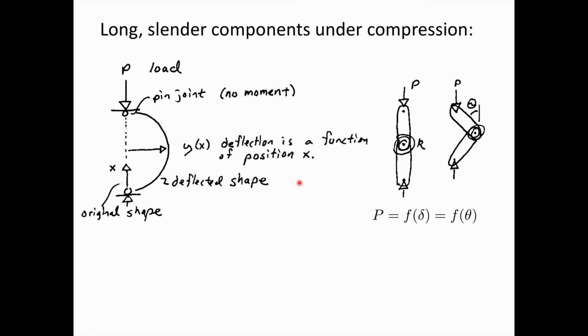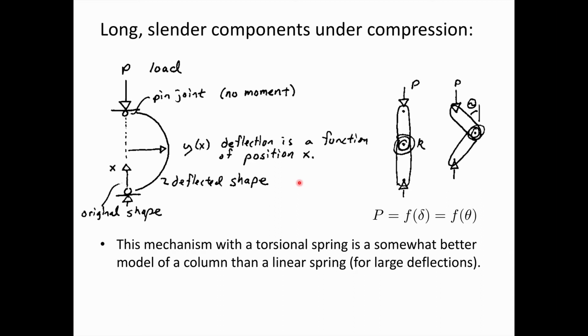And the deflection could be characterized as either this vertical deflection delta, or with this specific model, it could be characterized as this angular deflection theta. So this model is a somewhat better model of what's happening with the column in compression than a linear spring is, at least when we're talking about large deflections.